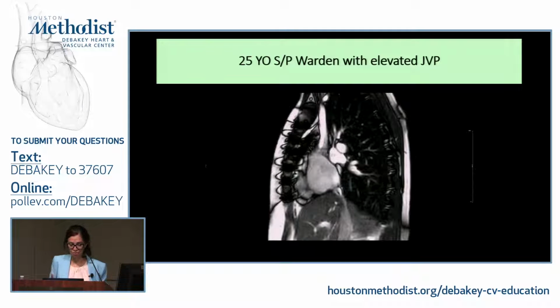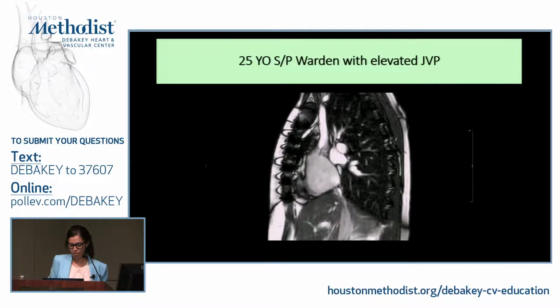And so just as an example, this is another patient, a younger one, that had elevated JV pressures after a Warden, and he didn't look like he was in heart failure.